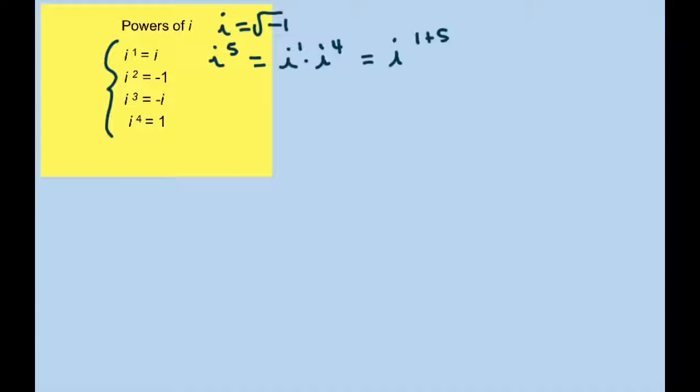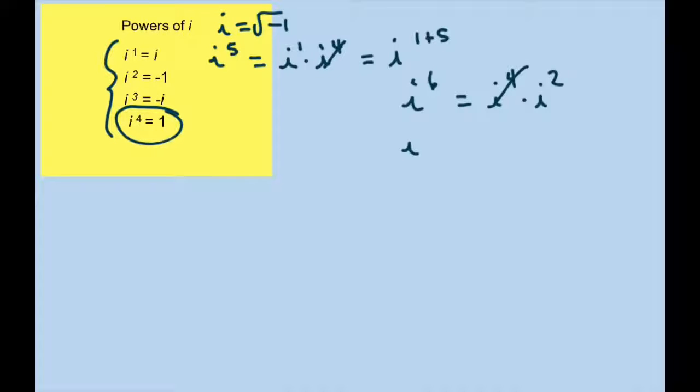Well, we know i to the 4th is 1, so that just gives you i again. And you could do the same thing with i to the 6th. We could call that i to the 4th times i squared, and i to the 4th, again, is just 1. So you're back to i squared.